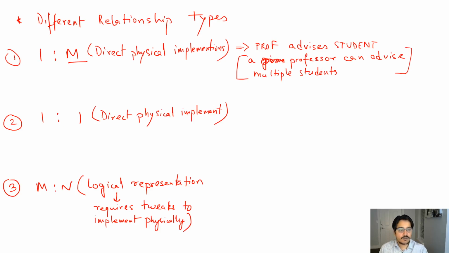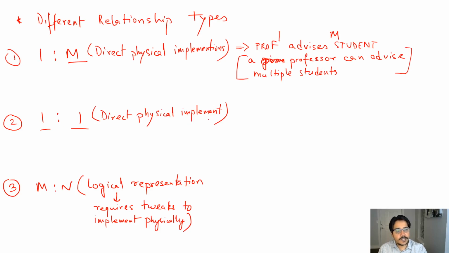So here we can say professor is 1 and student is m. Similarly, what will be an example of a 1:1 relationship type within the university domain?